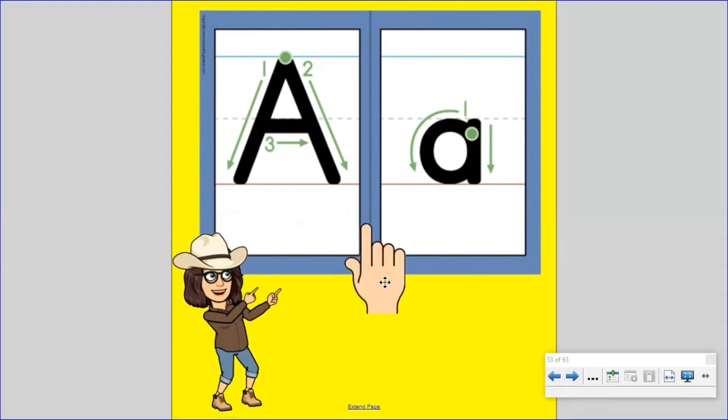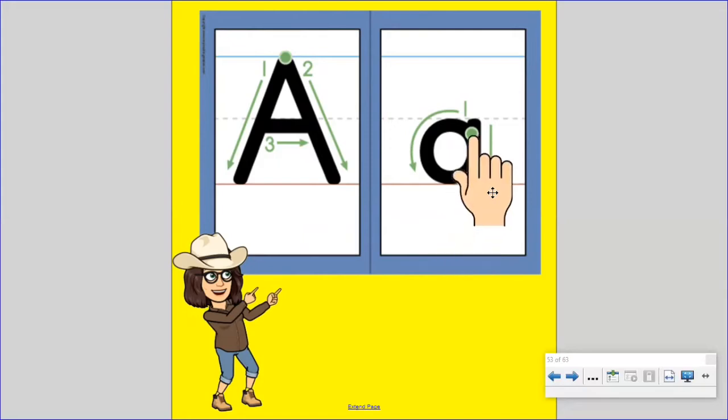Now let's use our magic finger to trace the letter A. We'll start with the capital A. Start at the top, slant down, back up, slant down, across. That's the capital A. Now the lowercase a.